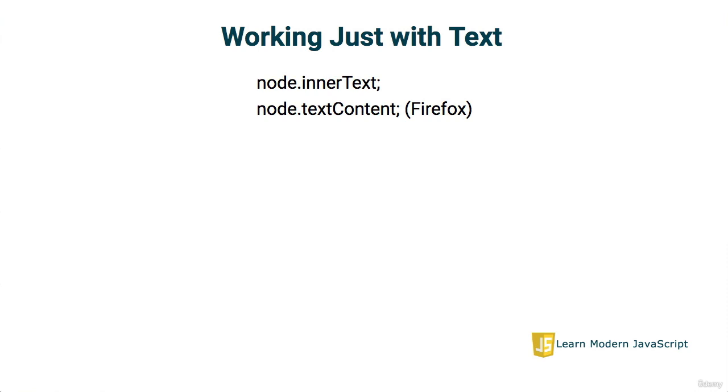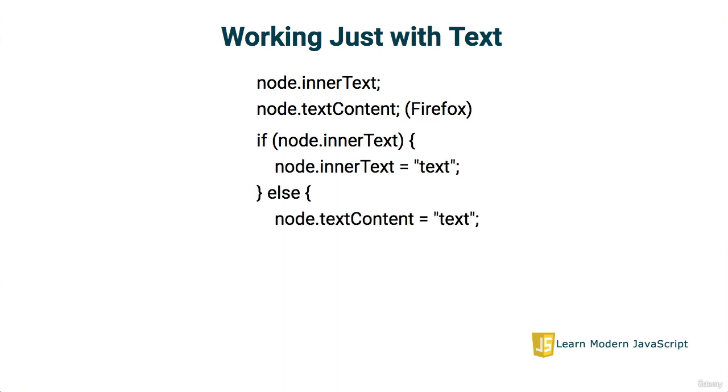So if you choose to use this to work just with text, I prefer inner HTML or insert adjacent HTML, but if you would like to try this, you'll need to do something like this in your JavaScript code. Because you don't know what browser people will be using, you should first use an if statement to check if inner text is available on that node.